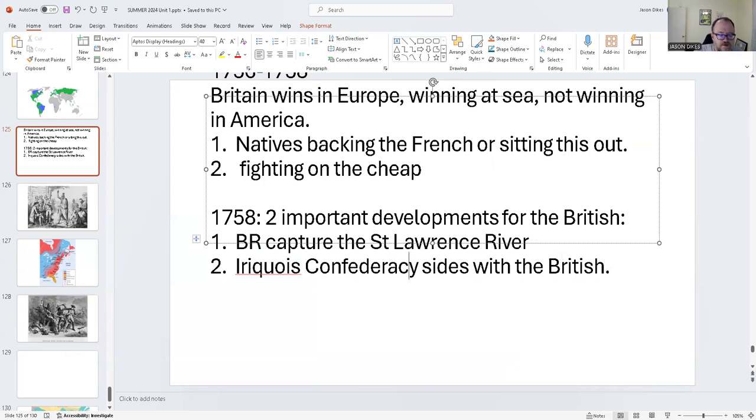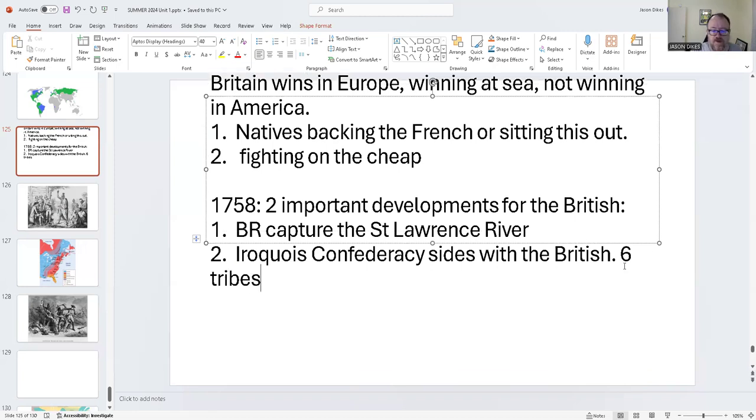The Iroquois Confederacy is made up of 6 tribes, in New York and Canada. They had been sitting this one out, probably waiting to see who was going to win so they could make sure they were on the winning side.